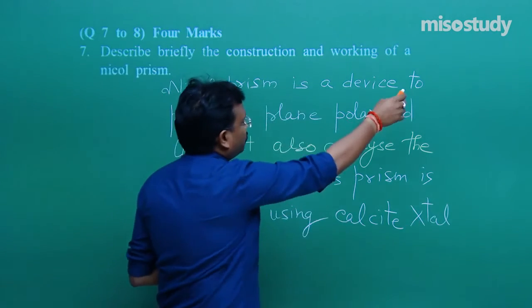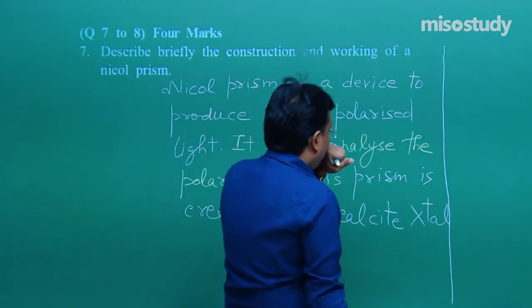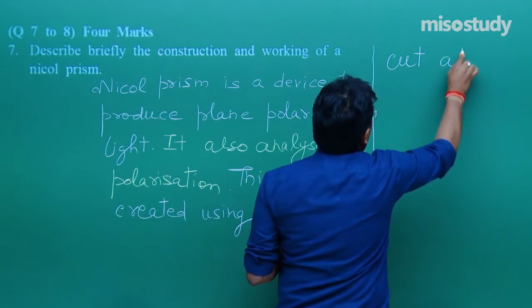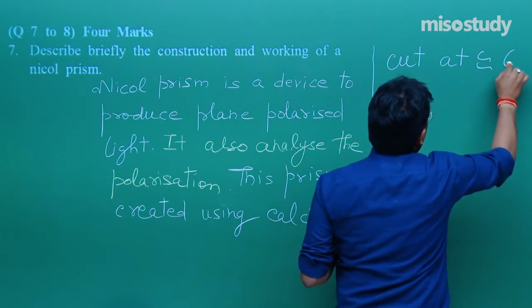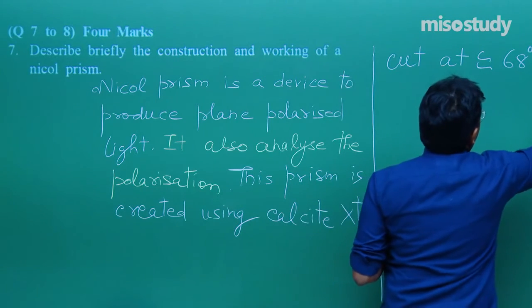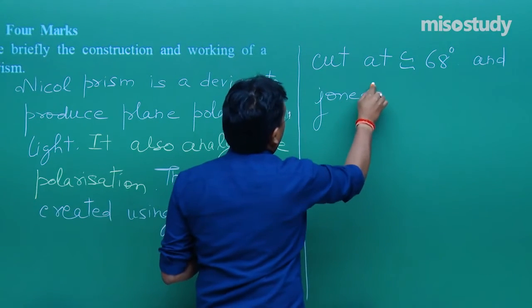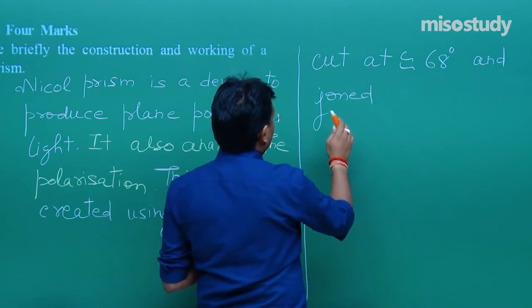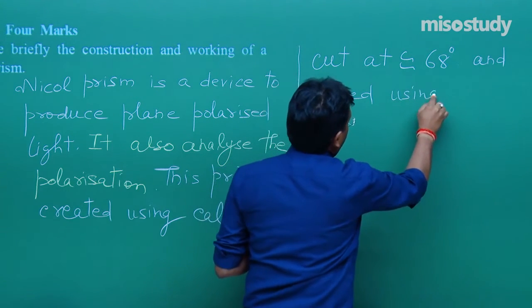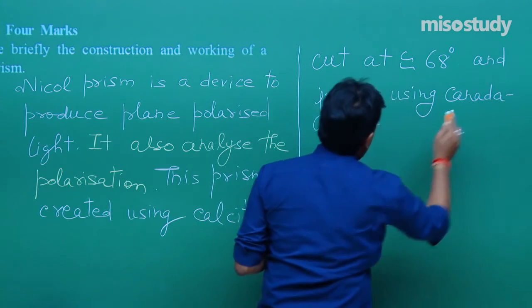I think I should use this space. Calcite crystal cut at 68 degrees and joined using Canada balsam.